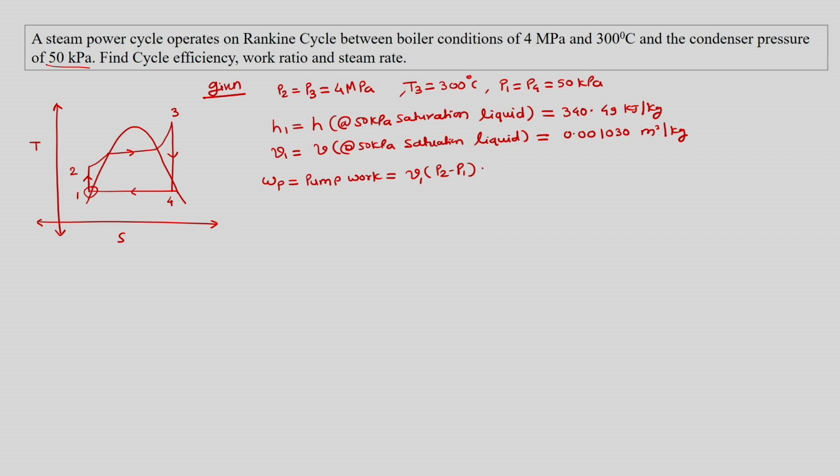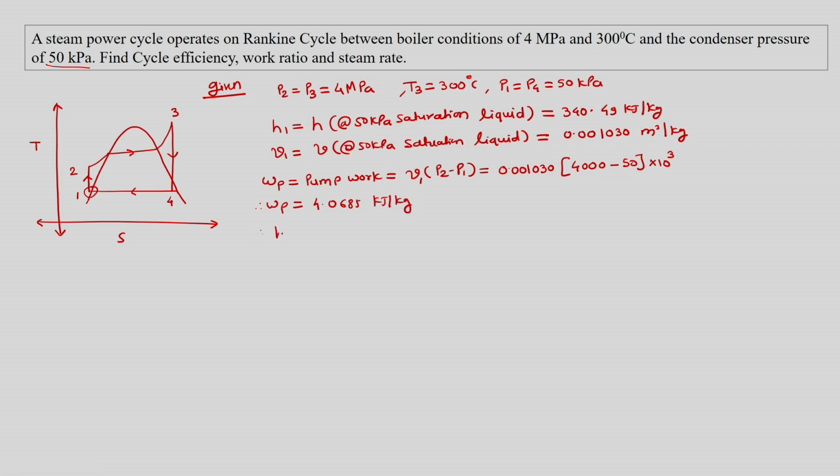So using this formula we can mention 0.001030 meter cube into 4000 kilopascal, which is 4 megapascal minus 50 kilopascal. So this is into 10 to the power 3. So we can get pump work to be around 4.0685 kilojoule per kg.